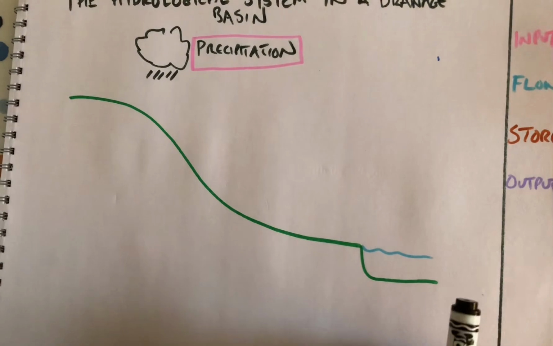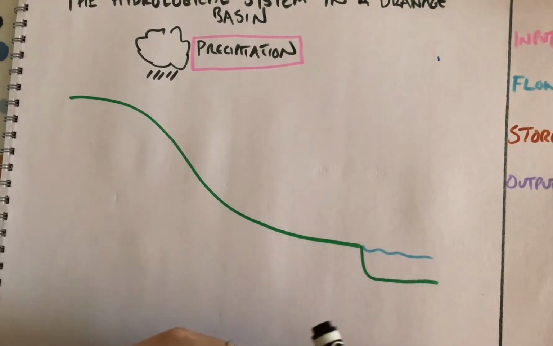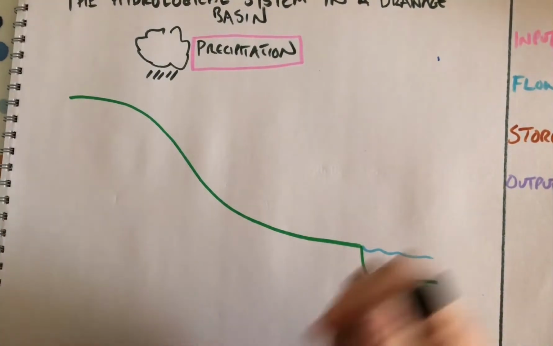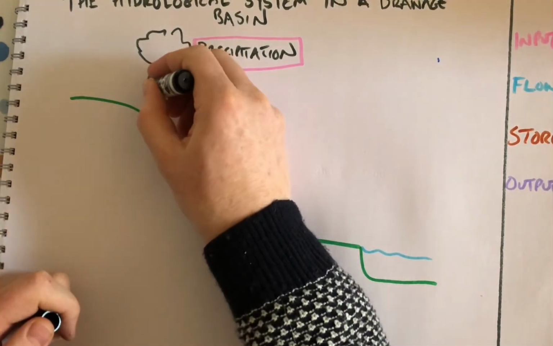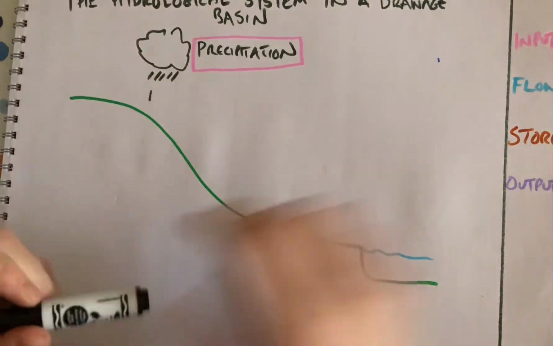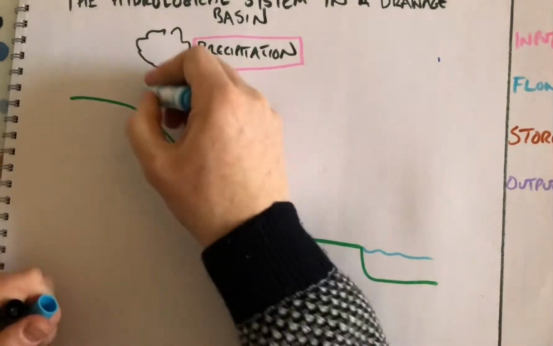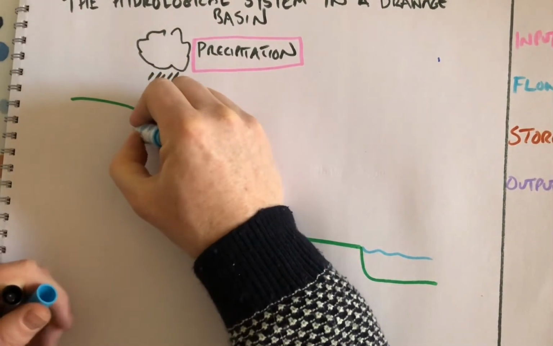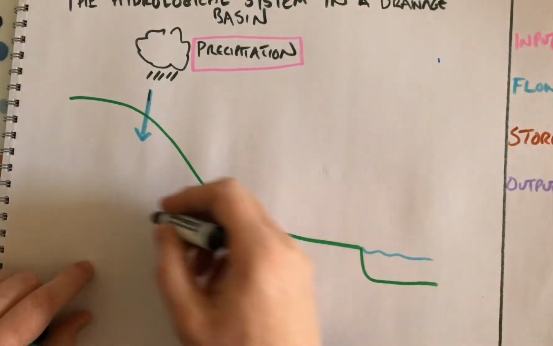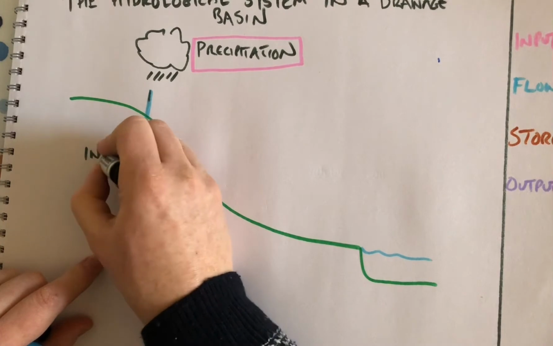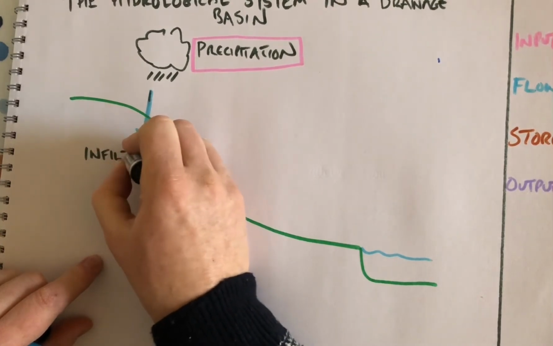Now, at that point, when it rains, two things are going to happen. The first thing is that it may well reach the ground, and when it reaches the ground, it will infiltrate.